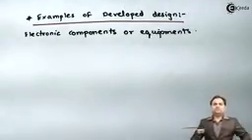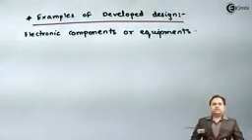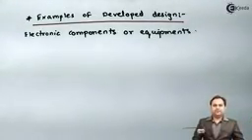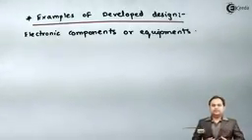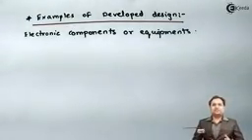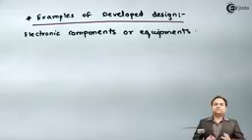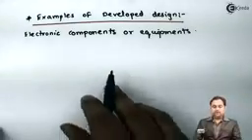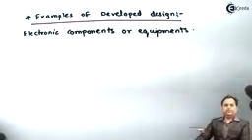If I take the example of the cell phone, we can see a number of cell phones available with slight modification. Previously some design was there, it was used as a reference, and now we are developing on that. Like the Apple phones 6 or 6s, they were developed from some earlier version. That earlier version was acting as a reference, and then we developed a completely new design. So electronic components or equipments are examples of developed design.